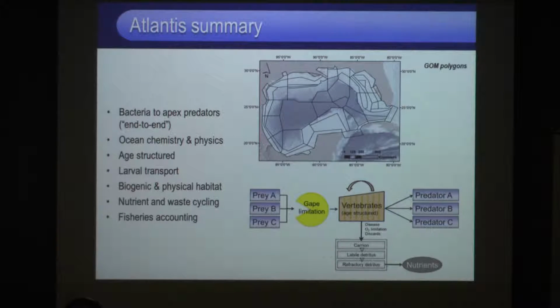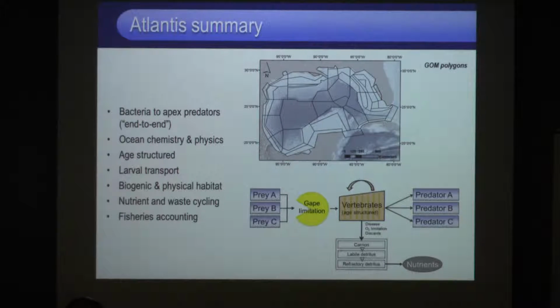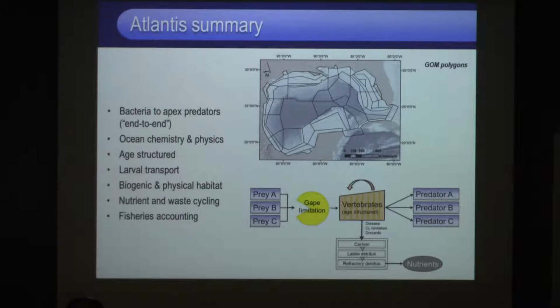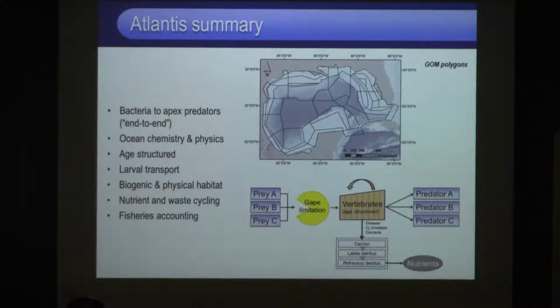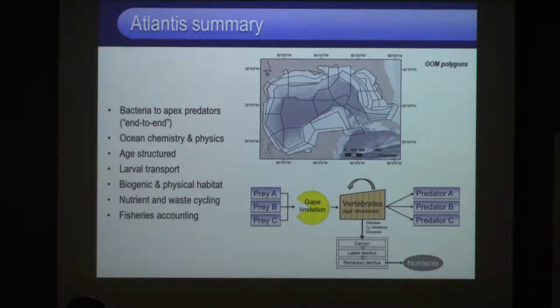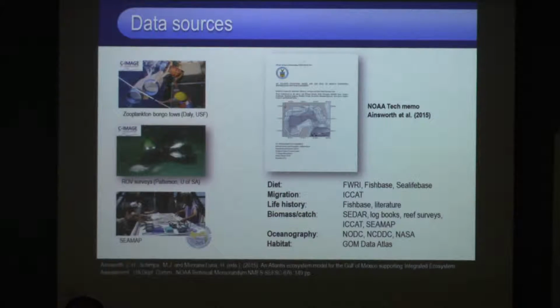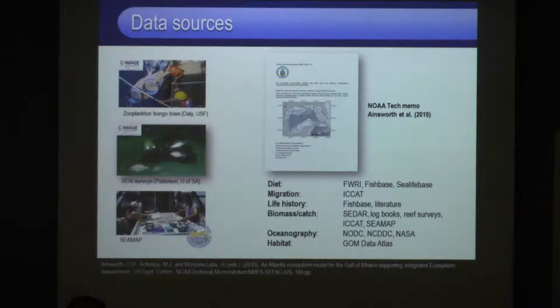It's fully age-structured for vertebrate groups. It includes a gape-limited feeding algorithm and explicit handling of the detritus and nutrient dynamics. Also contains a link to hydrodynamics model, so the lower trophic levels are affected by physical ocean data.